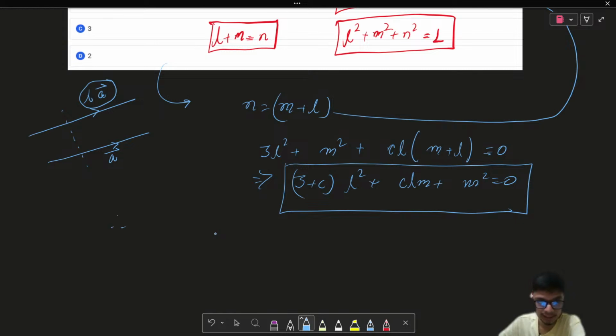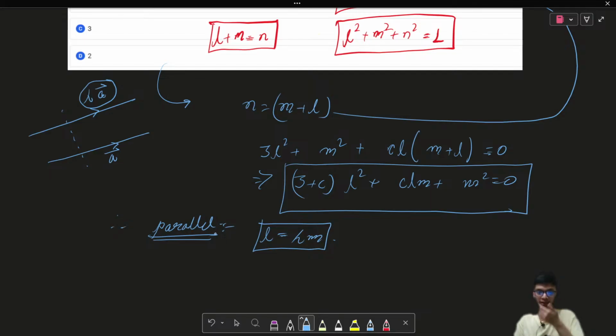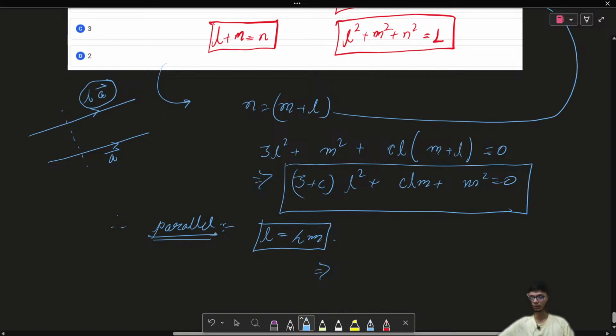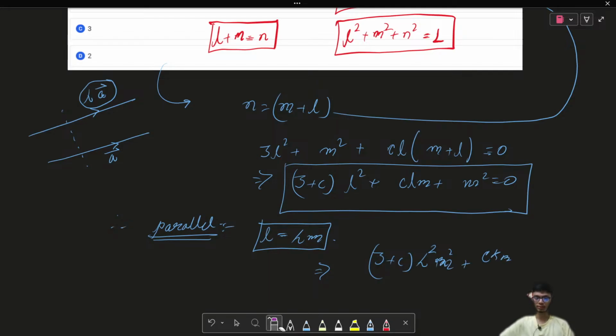Since these lines are parallel, I can substitute L as some lambda times of N. Alright, so if I substitute over here, then I will get a quadratic in M over here. Alright, so this is my equation.